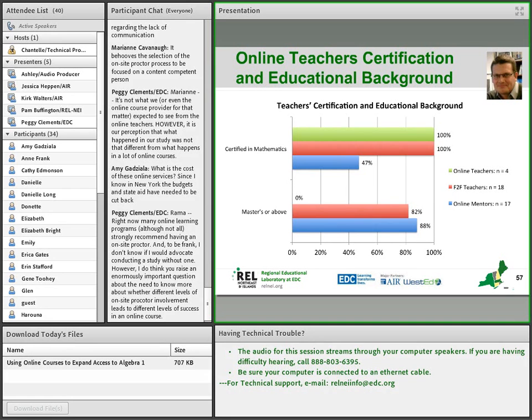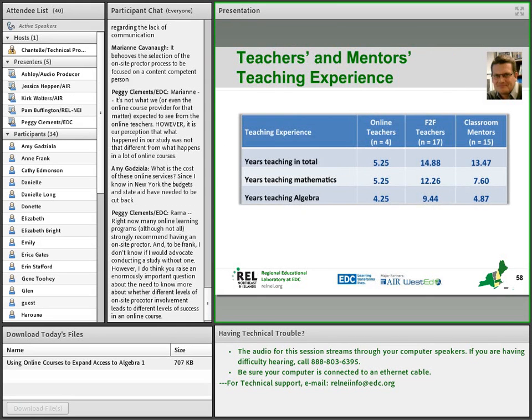In terms of advanced degrees, you can see that among the face-to-face teachers and the online mentors, between 80 and 90% had advanced degrees, whereas the online teachers did not. None of the online teachers did, although there were only 4.